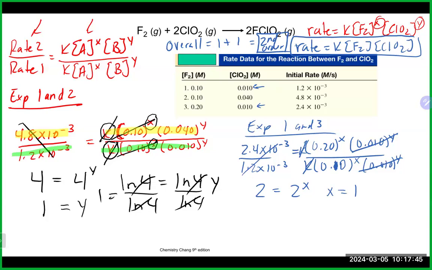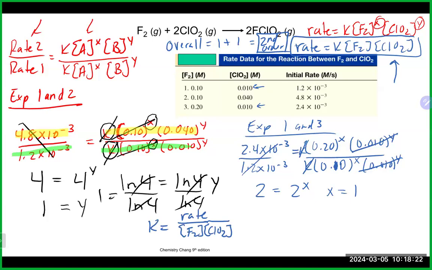Now that I have calculated the orders and I have the completed rate law, I can now use this table and the completed rate law to actually figure out what the value of the rate constant is. We do that by solving for k. If I solve for k by rearranging our rate law, k would equal the rate divided by F2's concentration and ClO2's concentration.